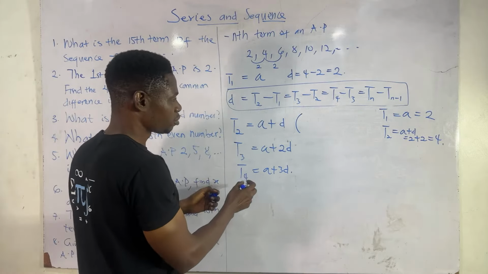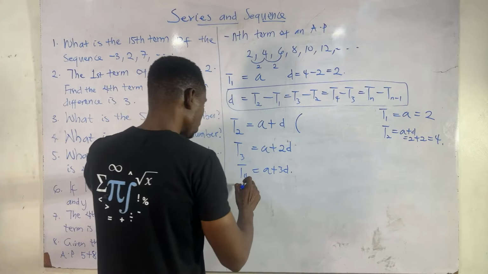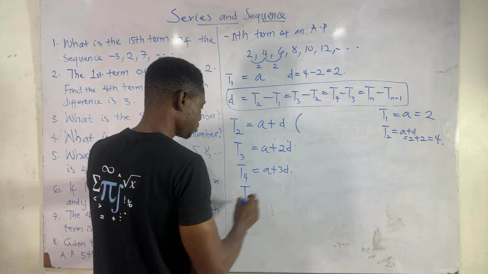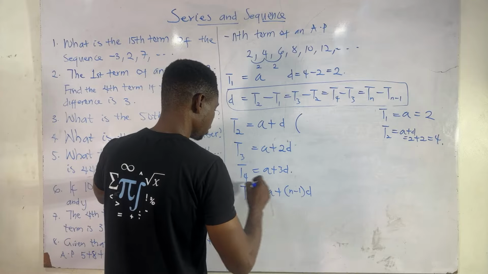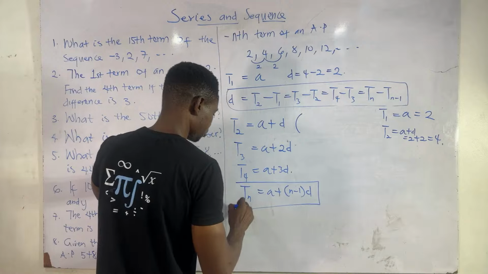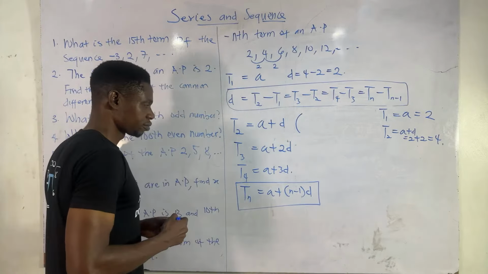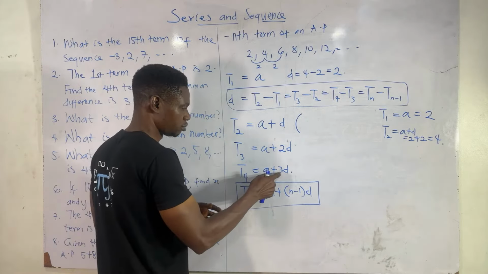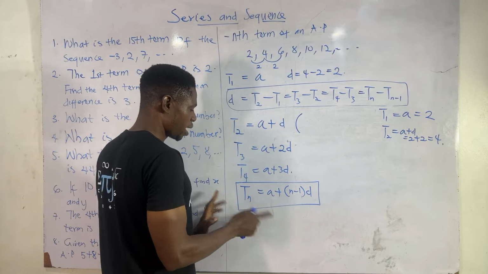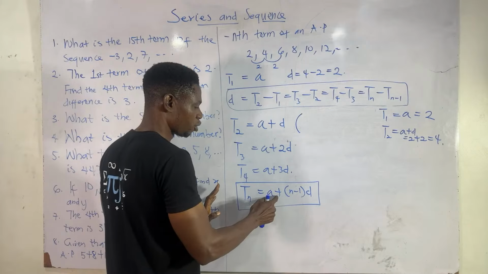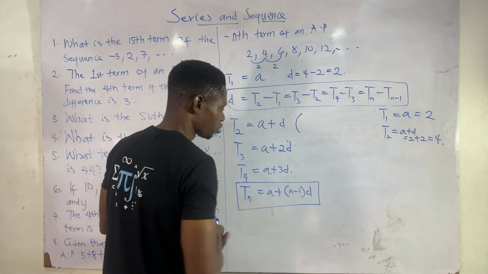And if you look at this now, it's becoming a pattern. Whatever the number is, it's just A plus that same number minus 1, D. So when it was 4, it's 3. When it's 3, it is 2. When it's 2, it's 1. So whatever the number is, Tn is simply A plus the number minus 1 multiplied by D.